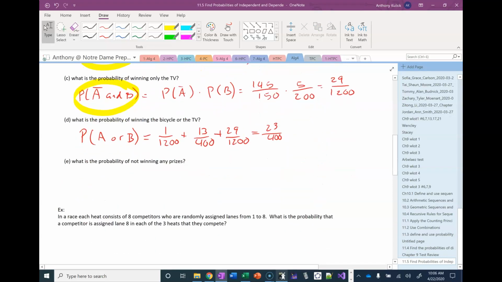And then we have the probability of not winning any prizes. So that's the probability of not A and not B. So again, these are independent. So I have 145 out of 150 and then 195 out of 200.